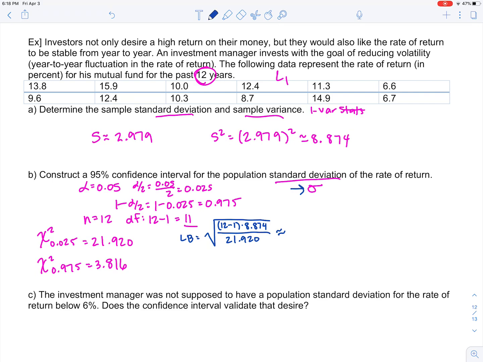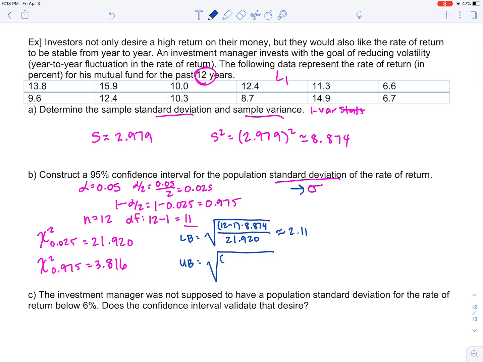The most common mistake that students make is they forget to square root it. Remember that the formula without the square root is for the variance. The formula with the square root is for the standard deviation. So 12 minus 1 times 8.874 divided by 21.920. I got about 2.11.